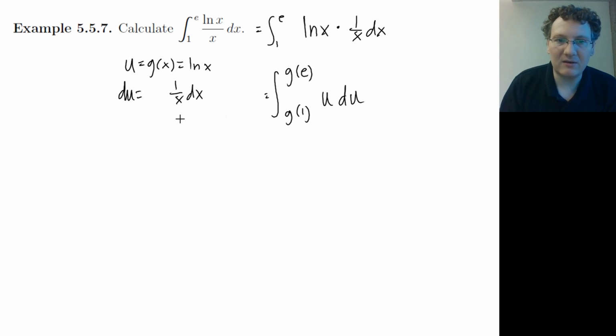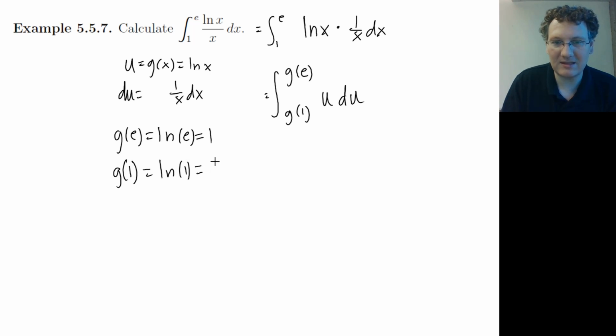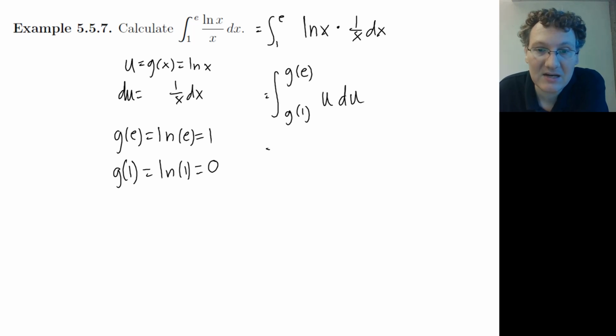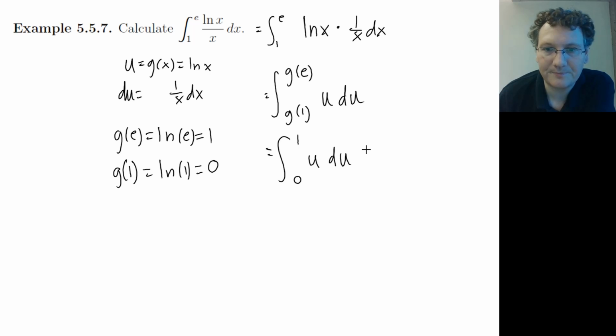What is g of e? G of e, the upper bound, that's the natural log of e, that's just 1. And g of 1, that's the natural log of 1, that's 0. So this is actually the integral from 0 to 1 of u du.